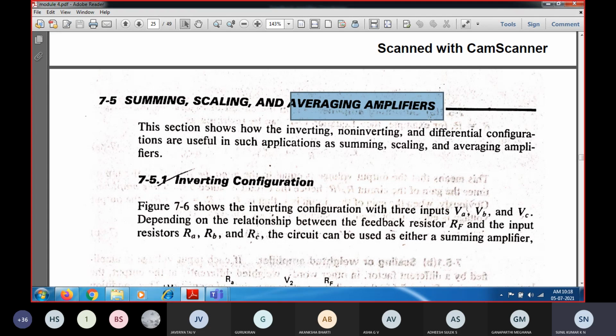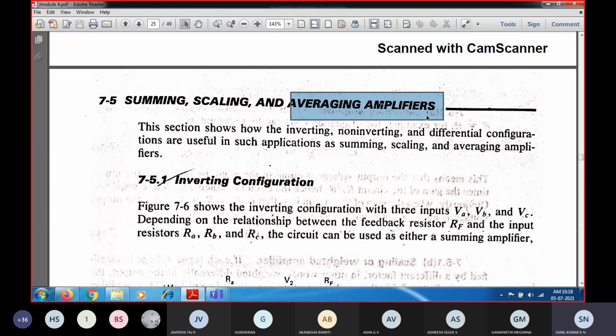Whatever the number of input voltages you give, you should get the average, for example V1 plus V2 plus V3 divided by 3. Suppose I apply three input voltage sources, I should get the average of these three.